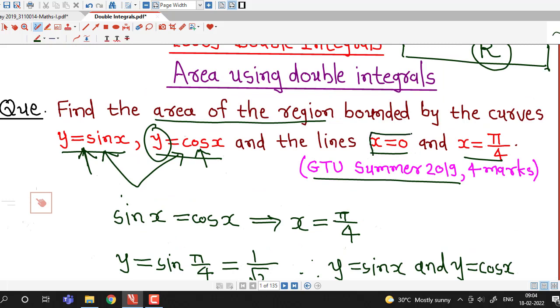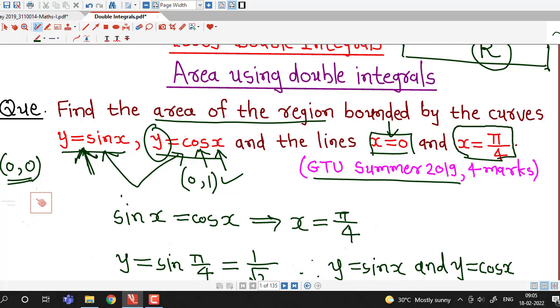Similarly, if we take x equal to 0 in y equal to sin x, we will obtain y equal to 0. That means y equal to sin x intersects x equal to 0 at point (0, 0). If we take x equal to 0 in y equal to cos x, we will obtain y equal to cos 0, that is 1. Therefore, y equal to cos x intersects x equal to 0 at point (0, 1).